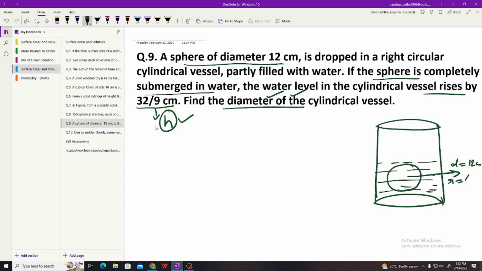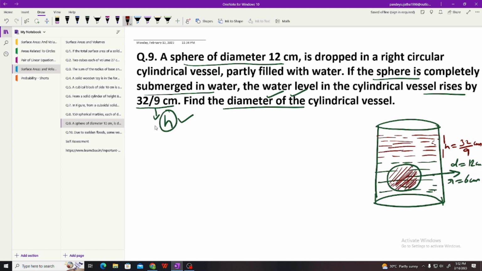Then the radius will be equal to 6 centimeter. So when a spherical ball is placed, the water level rises and the rise in the water level is given here as 32 upon 9 centimeter.